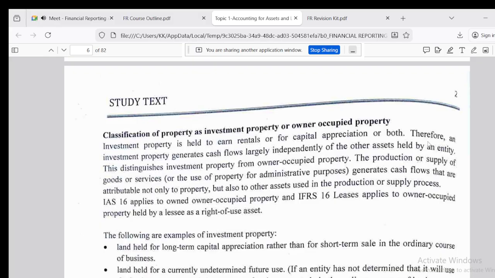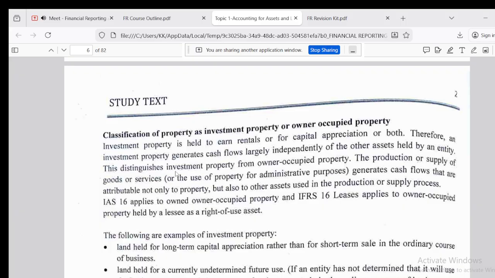Sijui unasikia like land sasa, kama land, eh, si ni hivyo tu, like ina generate income without being added, sijui value addition, sijui nini. Yes, naelewa. Like that is what they are trying to say there. Like they mean that therefore an investment property generates cash flows largely independently of the other assets held by an entity.